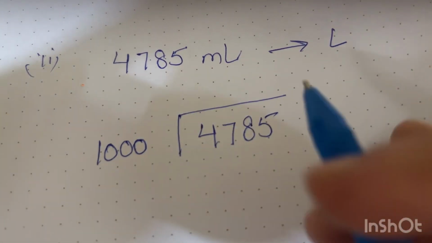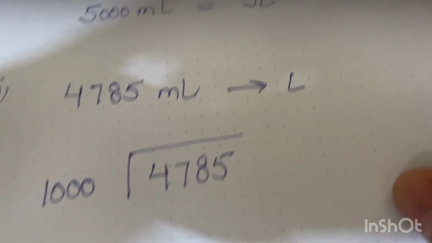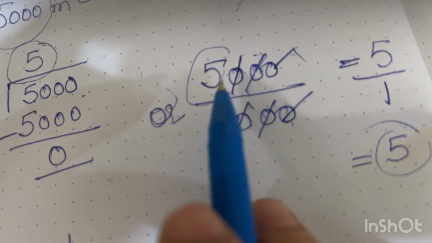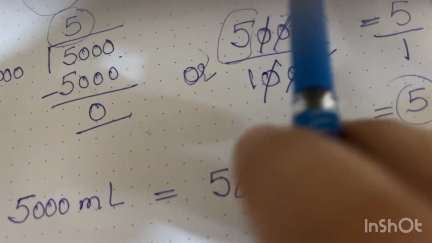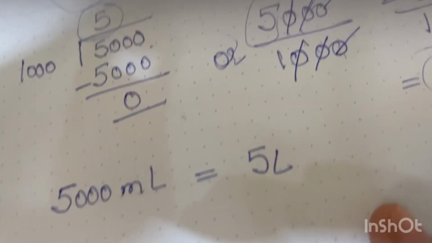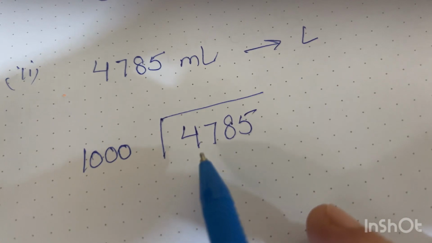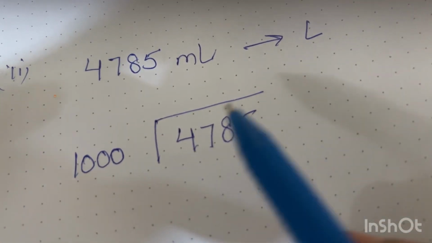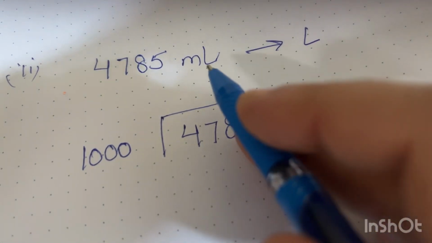Now see, there are no zeros here, so we cannot apply that formula. We can apply it only when there are zeros in both the dividend and the divisor. Here there are no zeros, so we have to use the division method to convert the milliliters into liters.